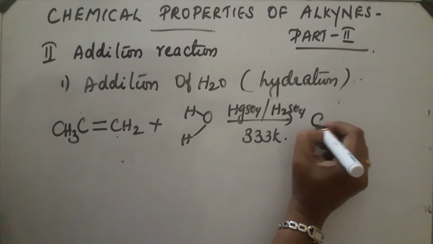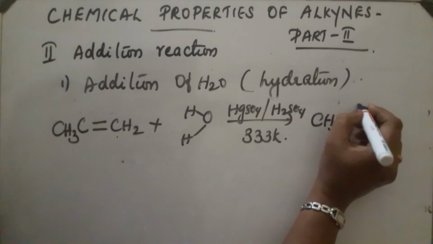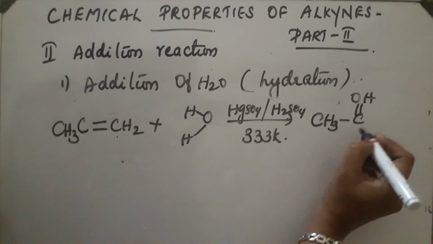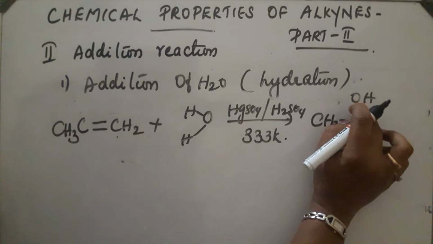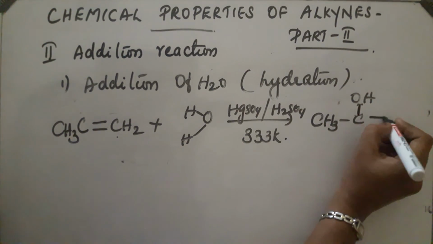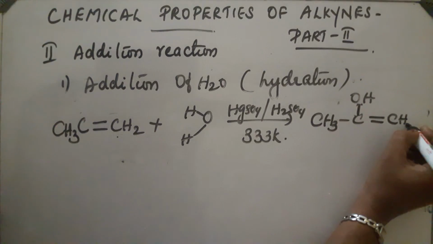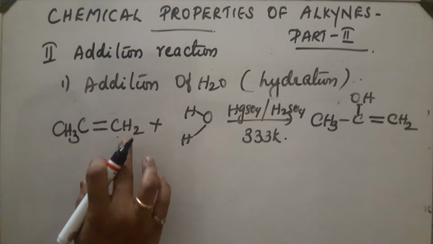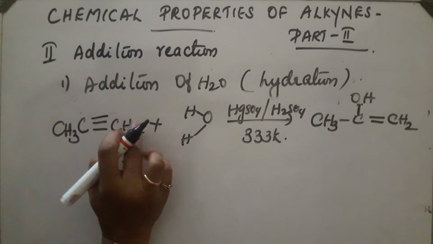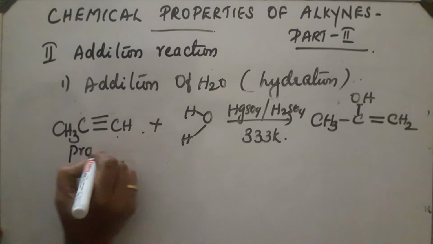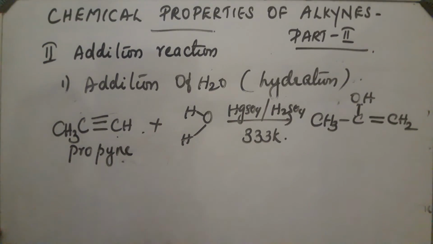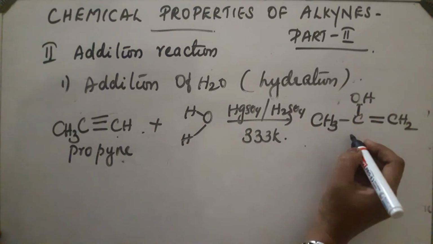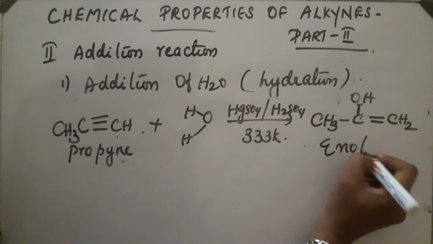So what will happen is CH3 C(OH) double bond CH2. This will be the product. Propyne hydrolyzes and forms this, which is called an enol.